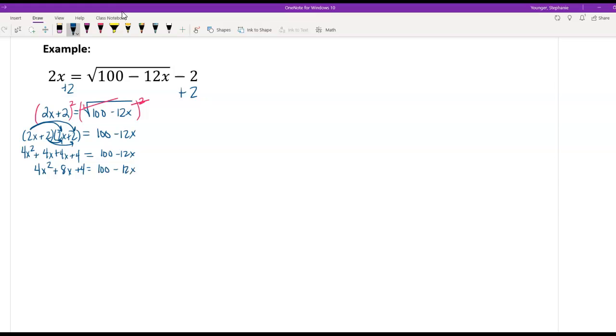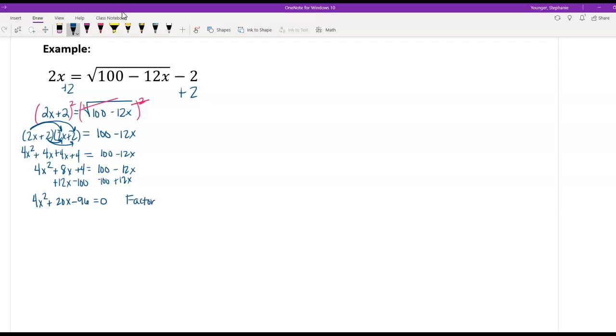Now we have no more radical. Let's go ahead and move everything to the left-hand side so we can isolate that x value. So we subtracted 100 from both sides and added the 12x. So now I have 4x squared plus 20x minus 96 equals 0.